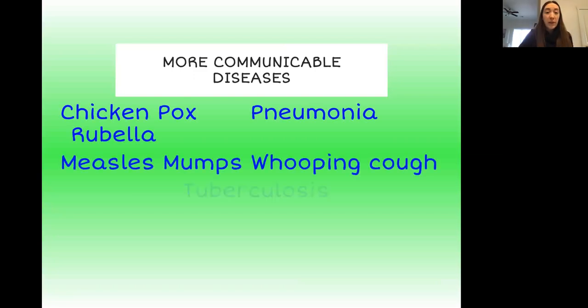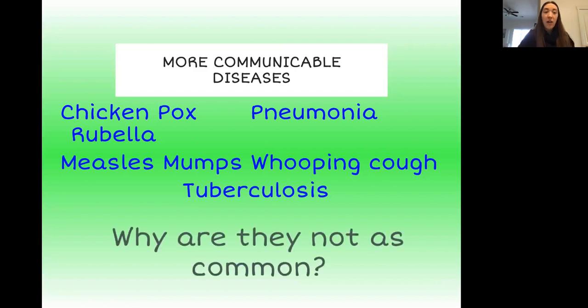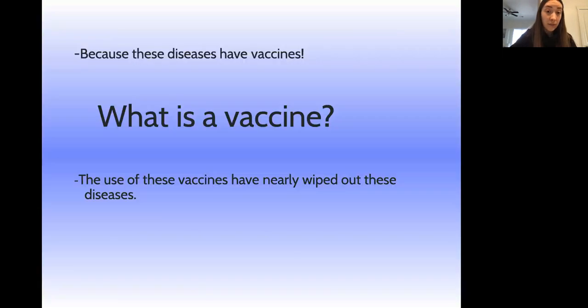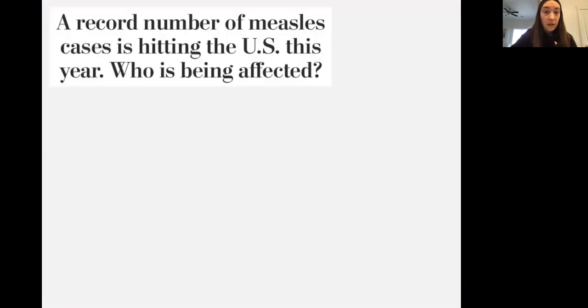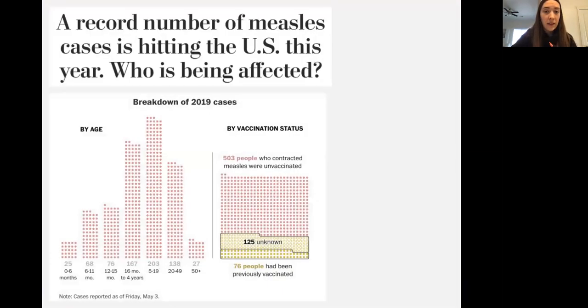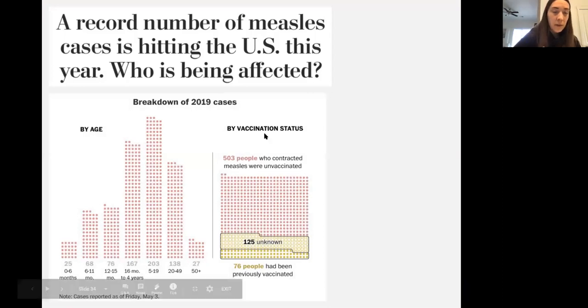So some more common communicable diseases are on this list. The reason that they're not as common anymore is that vaccines have been developed for all of these. So vaccines have wiped out these diseases completely. Okay, and this is just some information.